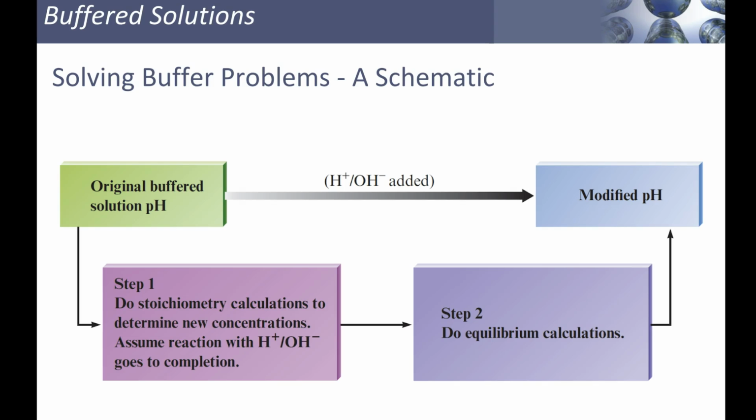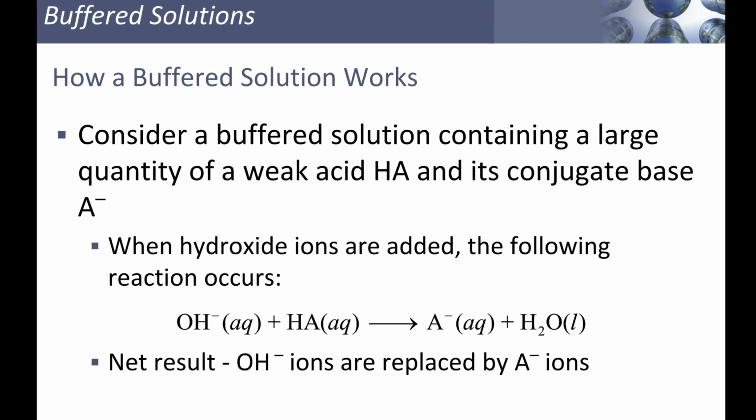And then once you add the hydroxide or hydrogen ion, then it's going to be modified. So you'll do regular calculations, and then you'll do the equilibrium concentration calculations to figure out what's going on and how the pH changes. And you're going to see that the pH shouldn't be changing much, right? Because if it's a buffered solution, it should be able to take up an H plus and an OH minus, or release it and so on.